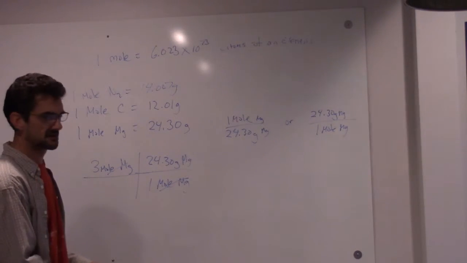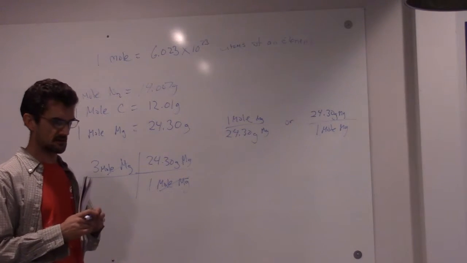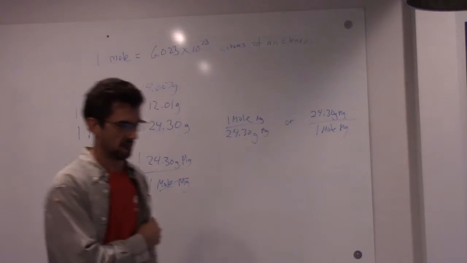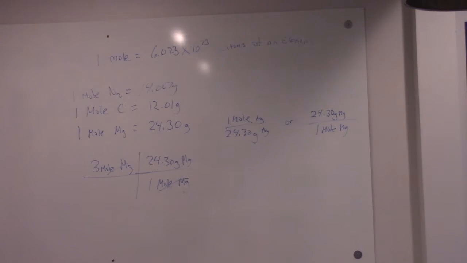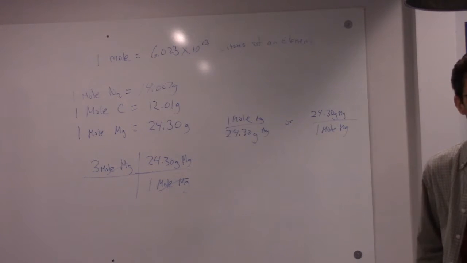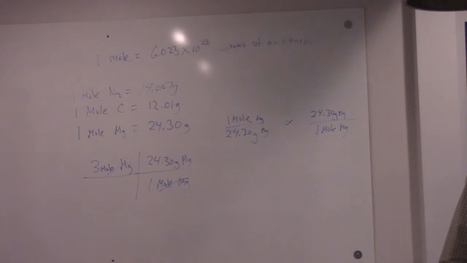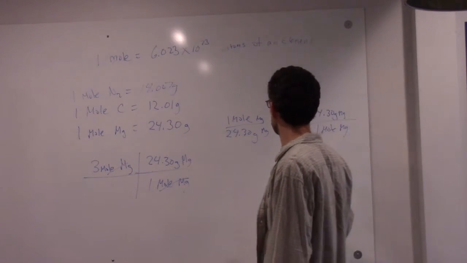And what does that equal? Who's got a calculator? Which of my students has a calculator? Oh, I do, Mr. Sloniger. Thank you. What's 24.3 times 3?